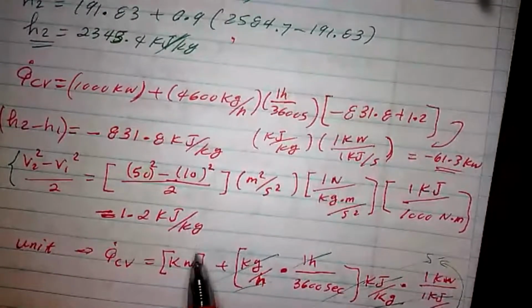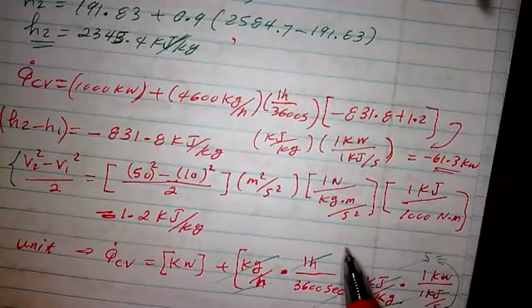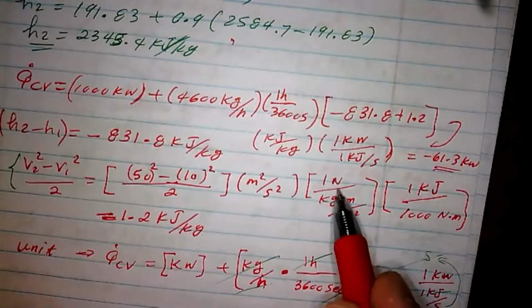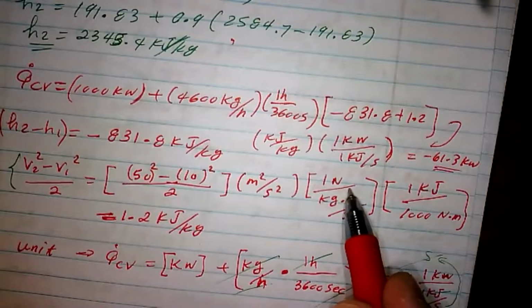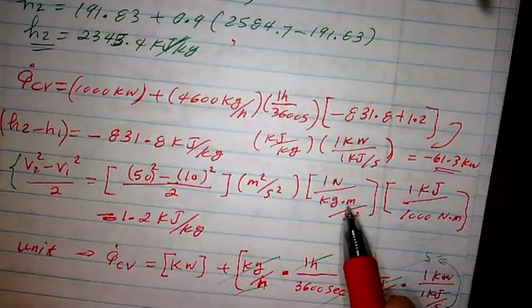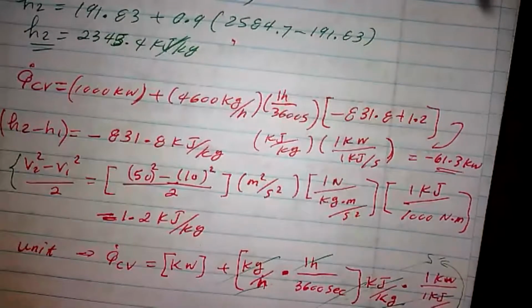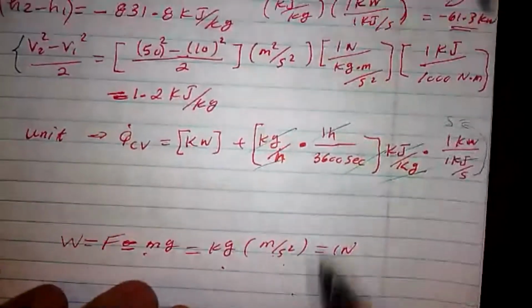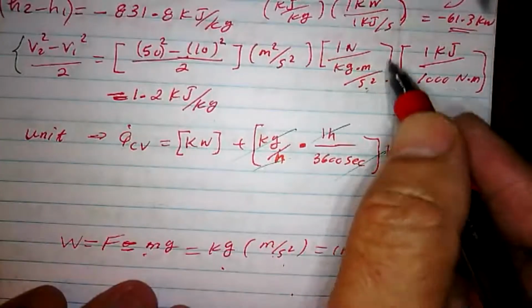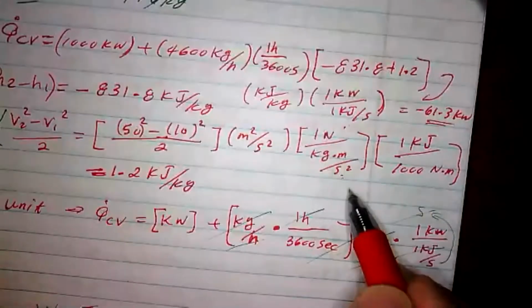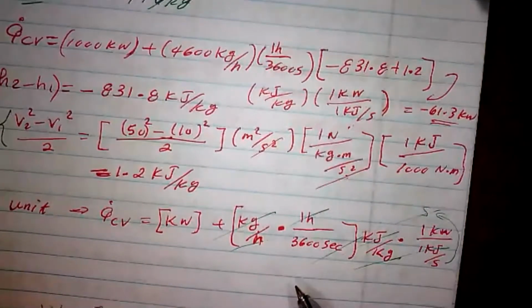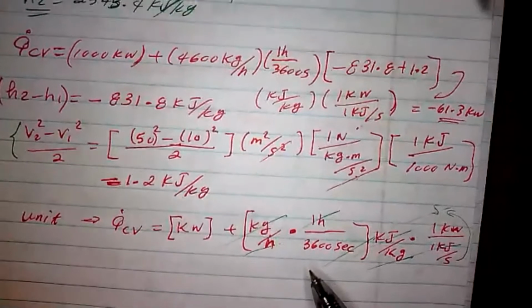So this second square goes to the numerator and cancels with this here.